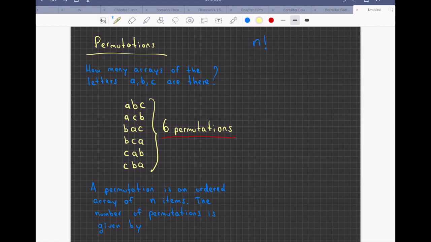You have to read this as n factorial, and this means n times n minus 1 times n minus 2, and so on, up to 3 times 2 times 1.